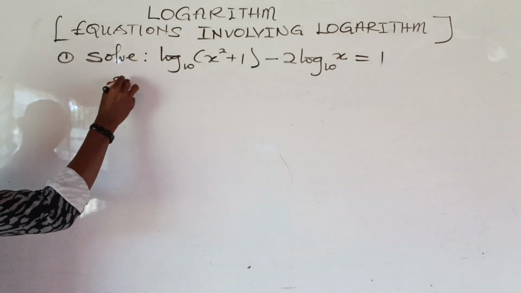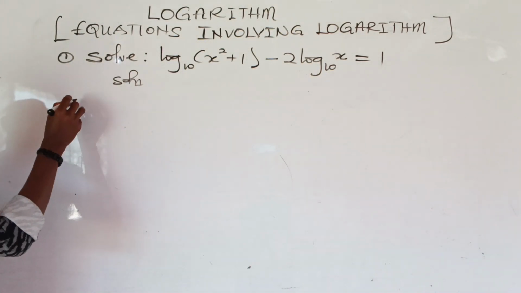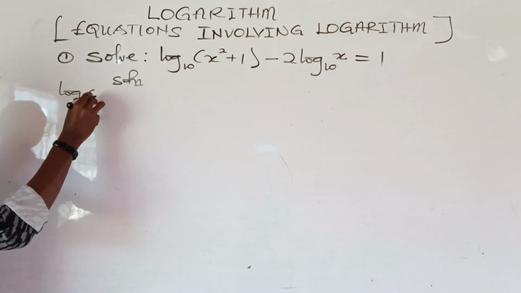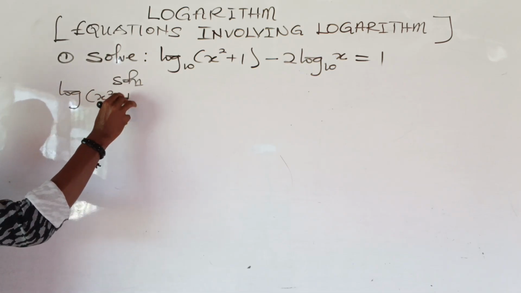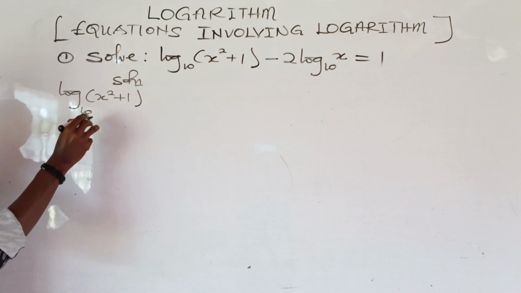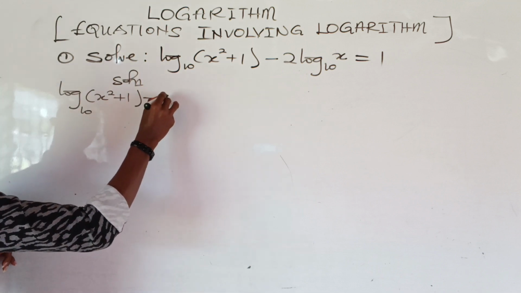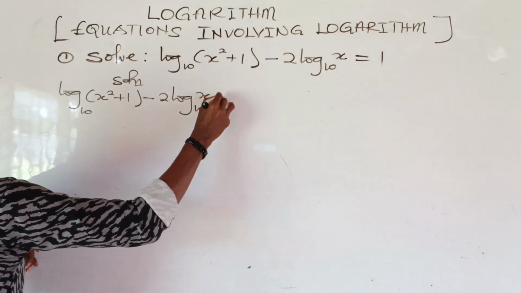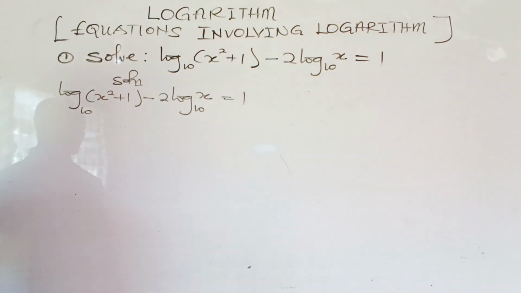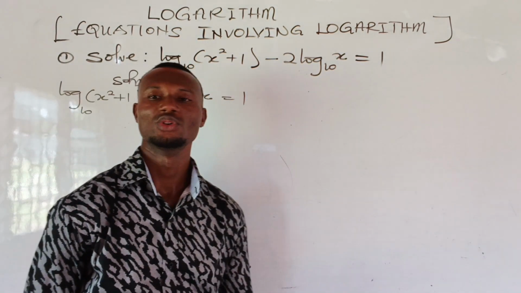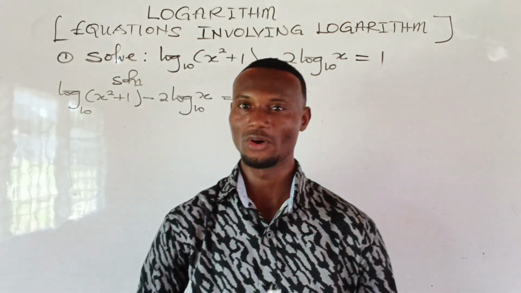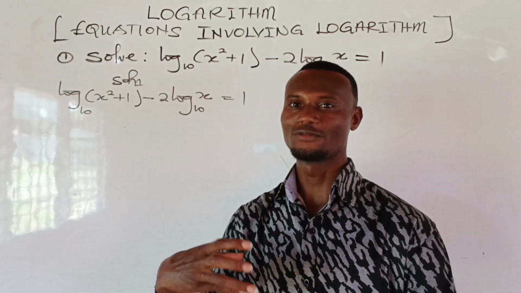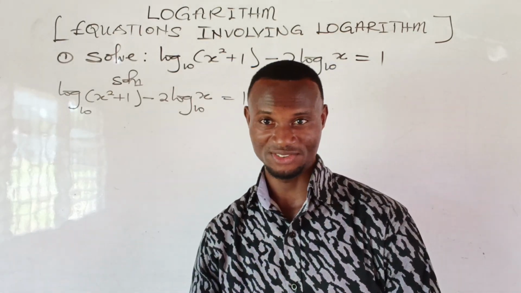So let me write my solution and let me write the question down. I have log of (s squared plus 1) to the base 10 minus 2 log s to the base 10 equals 1, and we have to solve for the value of s. Don't forget, we are going to apply the laws of logarithm that we've learned in the previous videos.